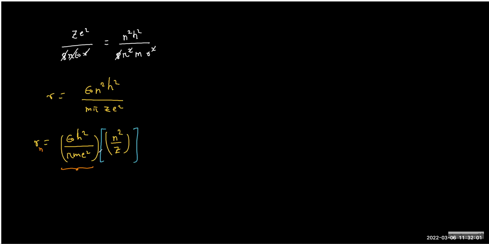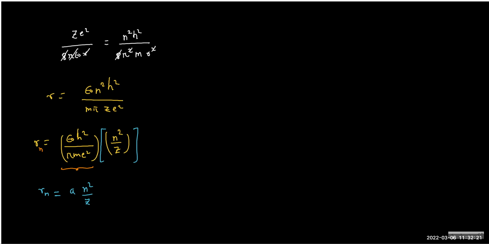So this constant factor, you can name it. What you can name? A. Now, why are we saying this is a constant factor? Because it doesn't depend on any variable. So neither the principal quantum number is a variable, because that is on the right side, and the Z.